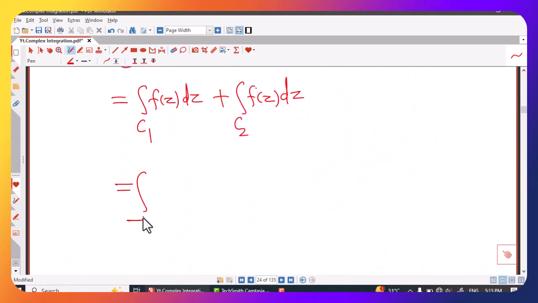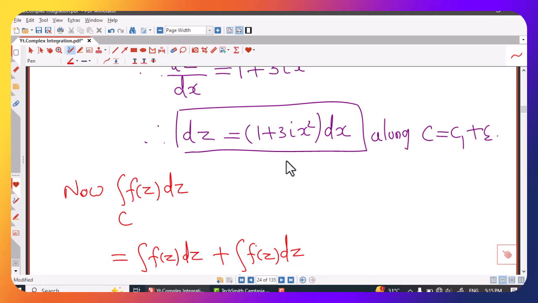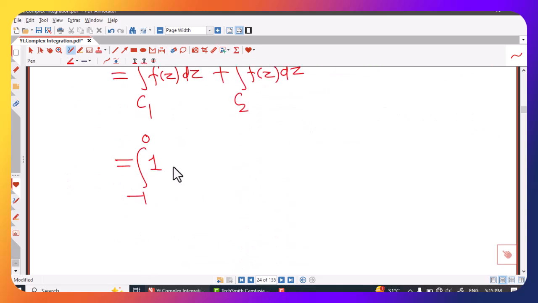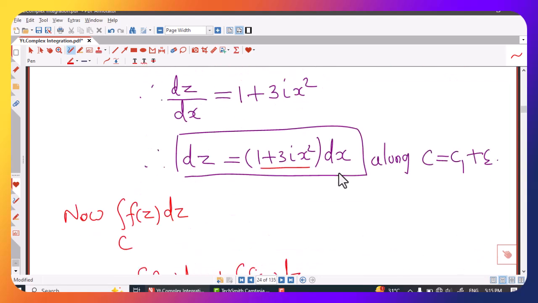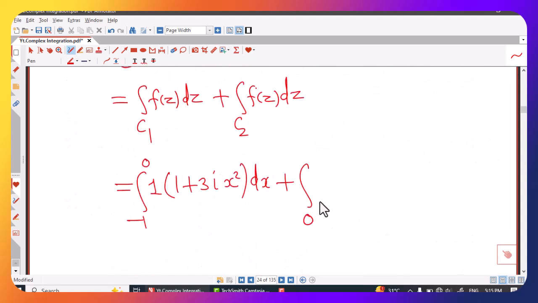So here we put limits of x from -1 to 0, f of z is 1, dz is 1 plus 3i x square dx. Similarly, along C2 we have y positive, therefore f of z is 4x cube and x is from 0 to 1, and dz is the same along both C1 and C2, 1 plus 3i x square times dx.